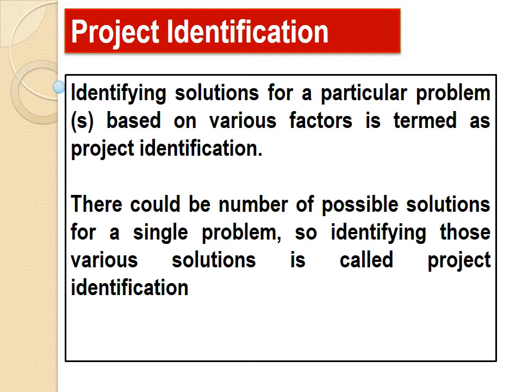Identifying the solution, or a number of solutions, to a problem or a number of problems, or to improve a particular situation, is called project identification. There might be a number of possible solutions for a single problem, so identifying those various solutions is called project identification.